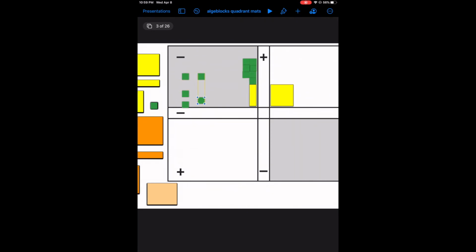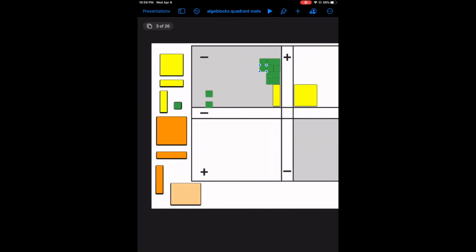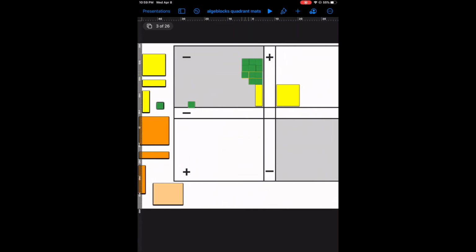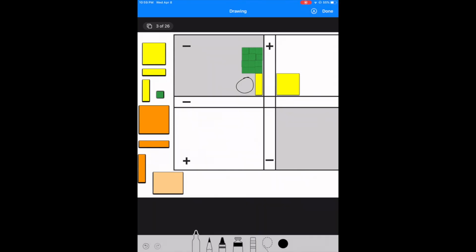What if we did, instead of a 12 by 1, 12 could also be a 4 by 3. Right? So then, in this situation, we have a gap for rods here and a gap for rods here. We could add 0 pairs to fill in some of those gaps.